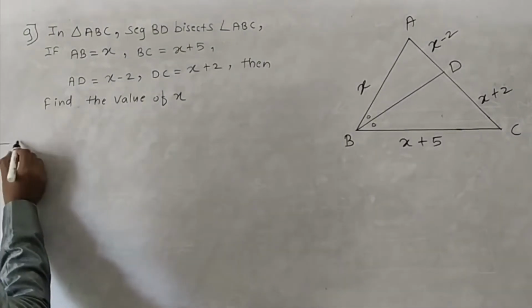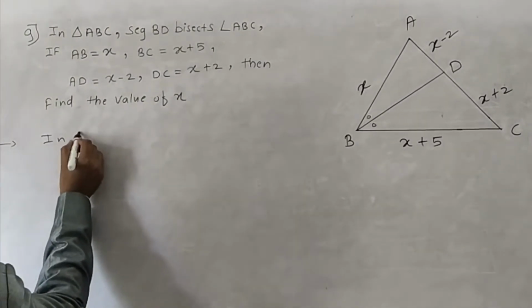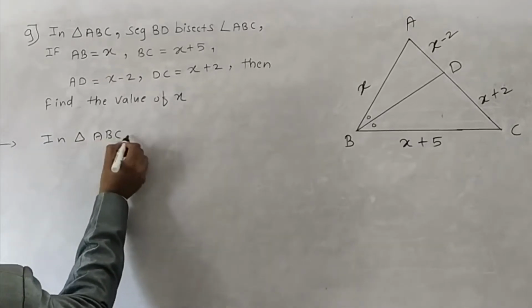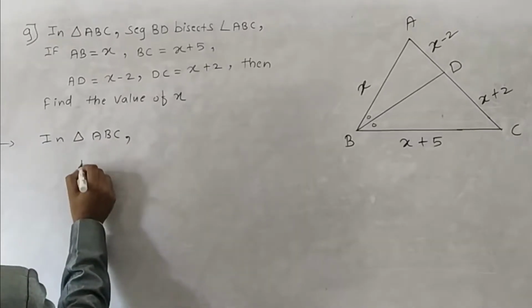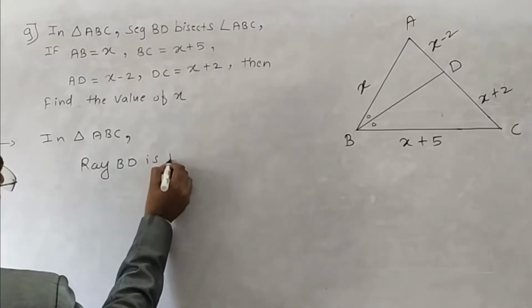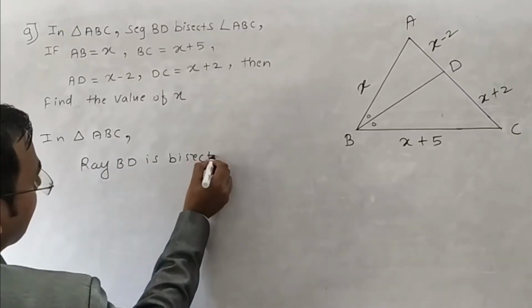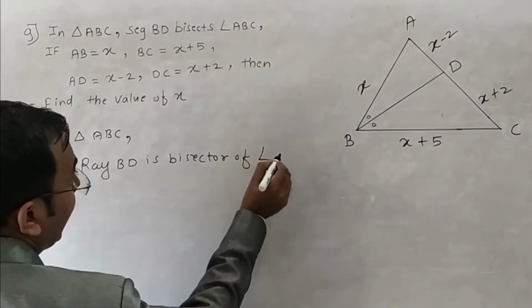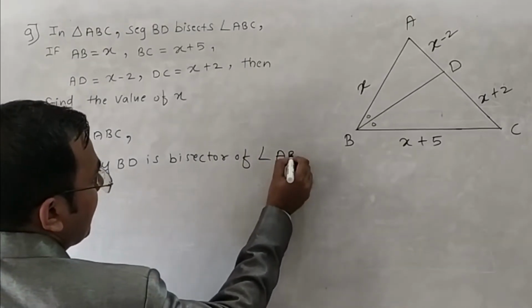So let's solve this. In triangle ABC, ray BD is the bisector of angle ABC.